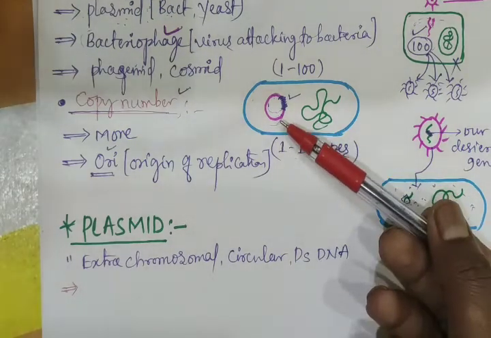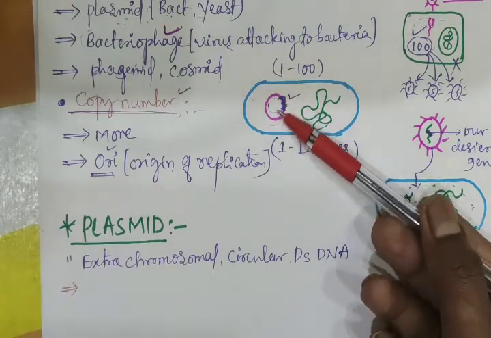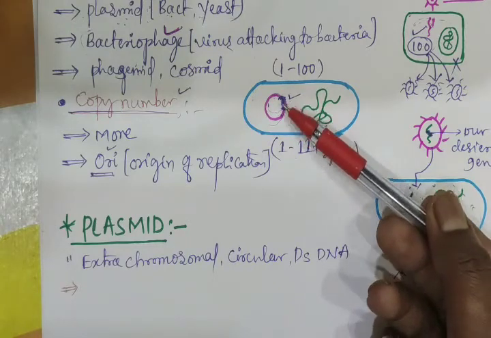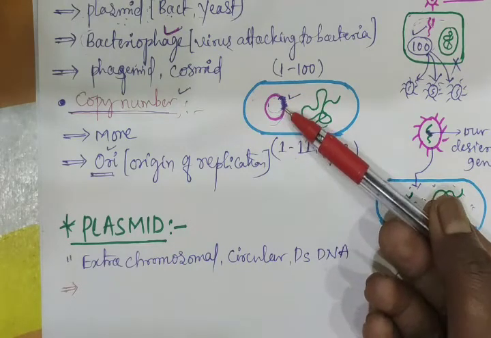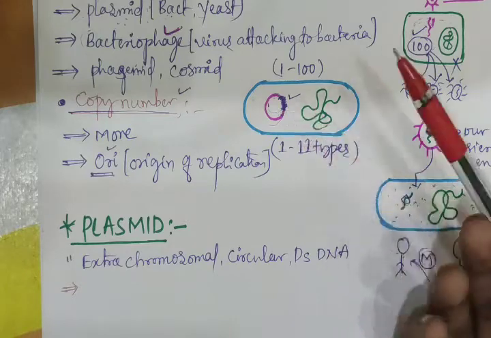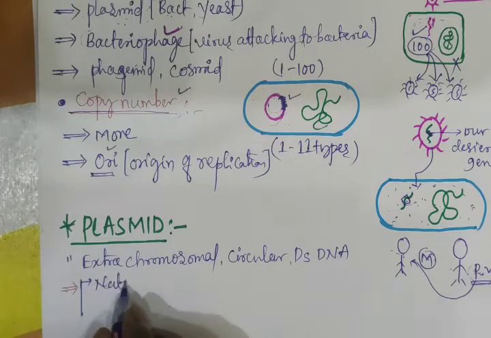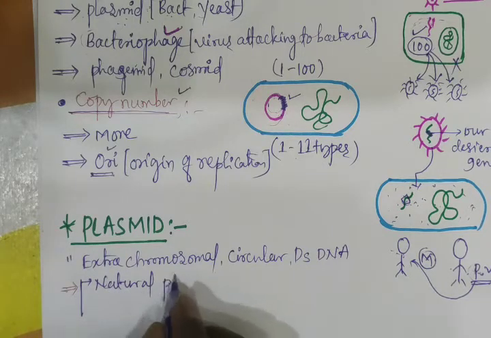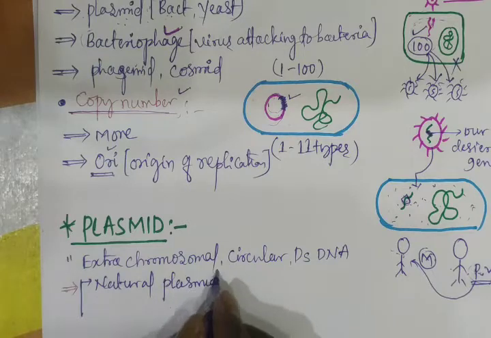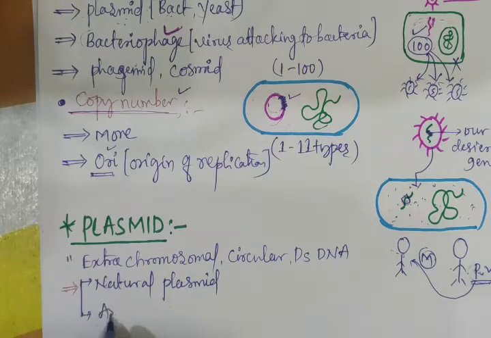Till now I showed the natural plasmid. That means this plasmid is already present in the bacterial cell. In the same way we can prepare an artificial plasmid also. That means we have two kinds of plasmids: natural plasmid and artificial plasmid.